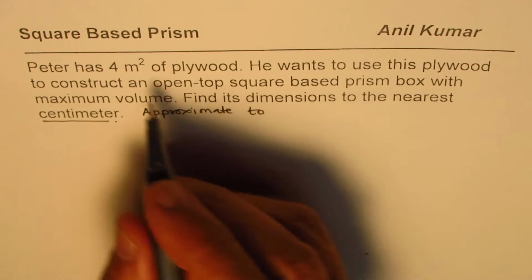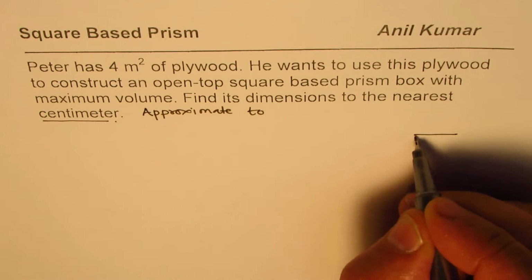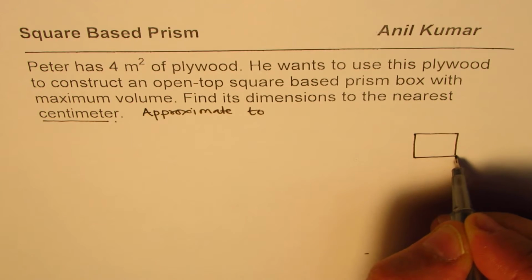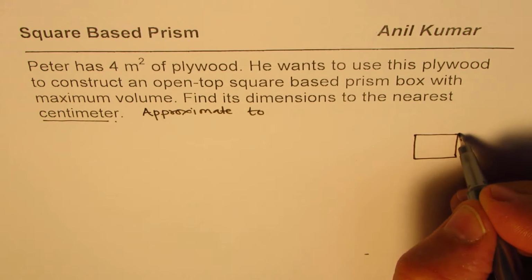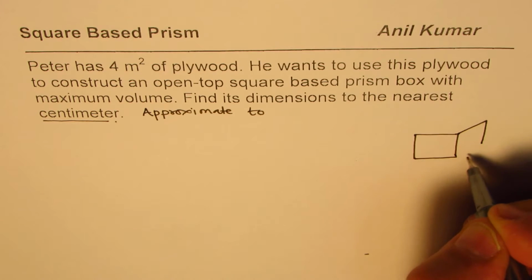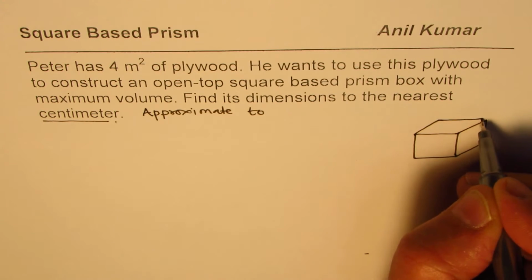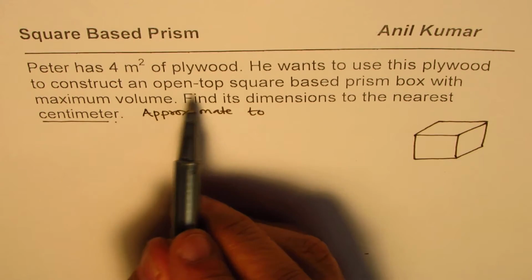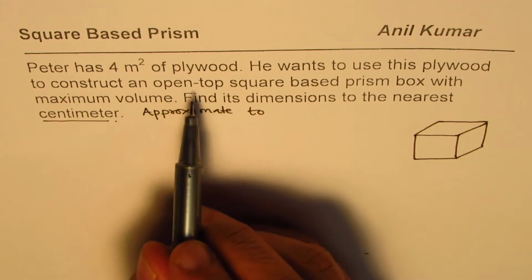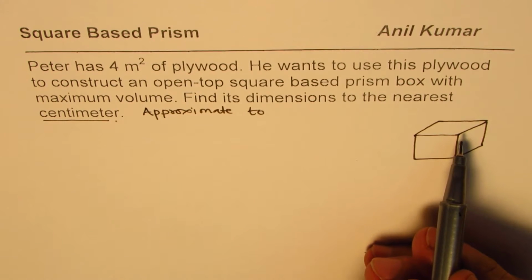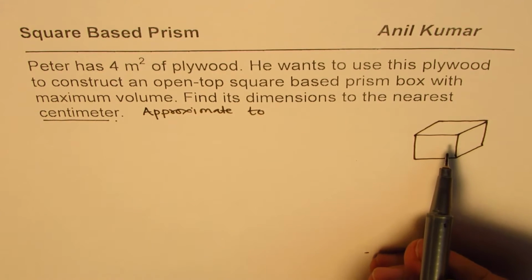So let me sketch one. So we have an open top box here. Now, if you have a box which is sealed from the top, it is a cube which will have the maximum volume and the minimum surface area.